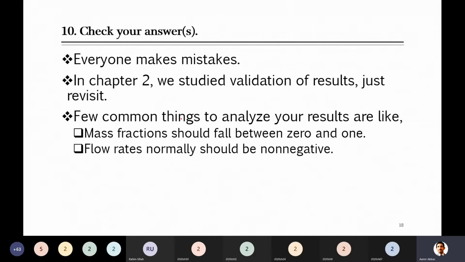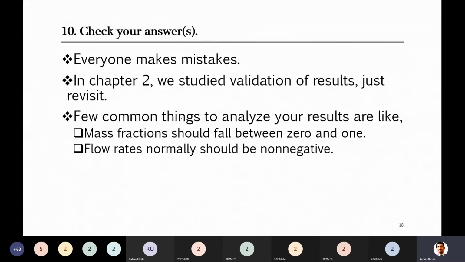For example, we are finding the mass fraction or mole fraction. You guys know that the sum of mass fractions is equal to how much? 1. Yes, 1. For mass fraction or mole fraction, their sum is 1.